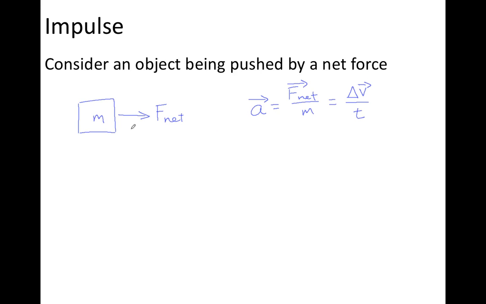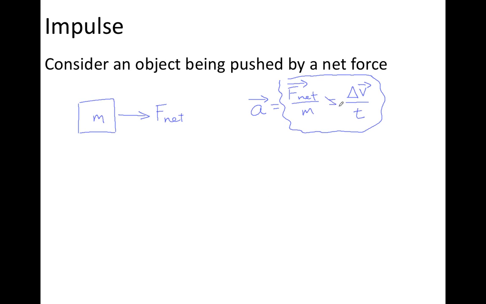And so if we have an object that is moving in some way, this net force is going to cause its velocity to change. And recall that the momentum of an object is in the direction of its velocity. So if the velocity changes, that means we're going to have an associated change in momentum. Now, if I just take this part of the equation, we don't really care about the acceleration here.